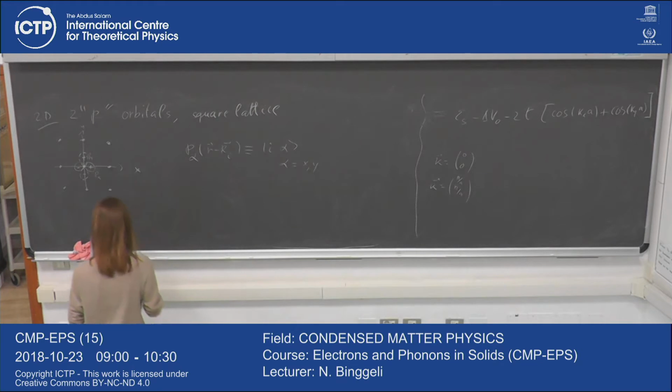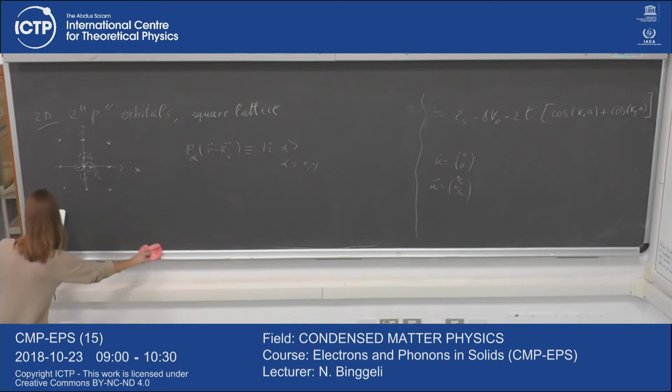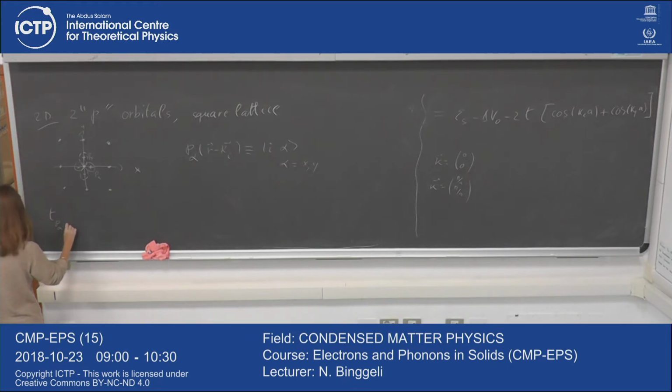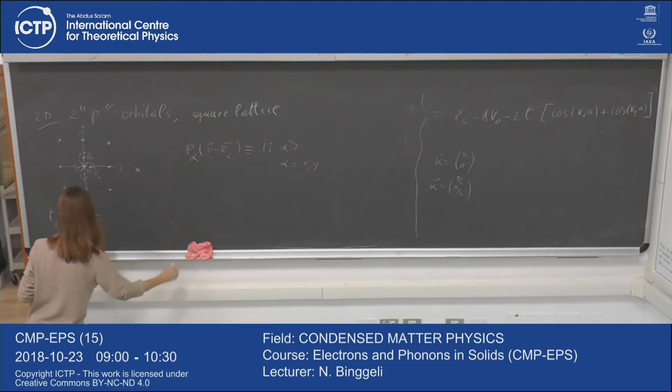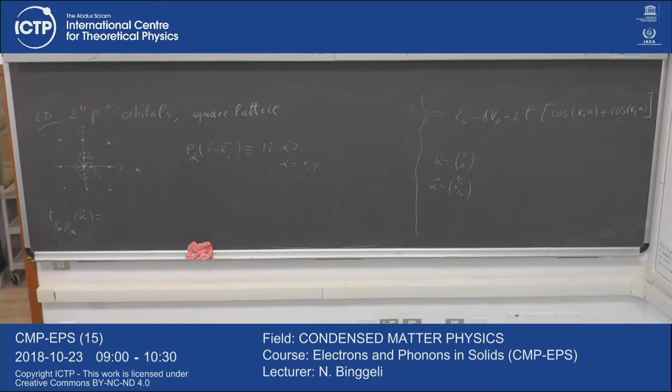So my matrix for the hopping terms, T, p alpha, p, let's see, px, p alpha of k will be, and I consider here the terms that are for the first nearest neighbors.